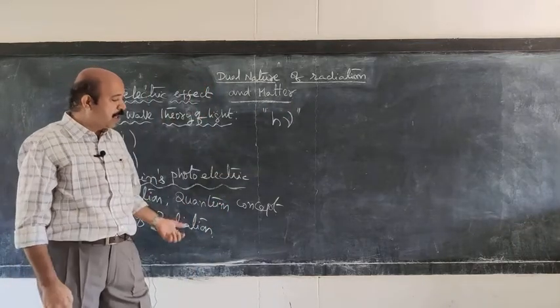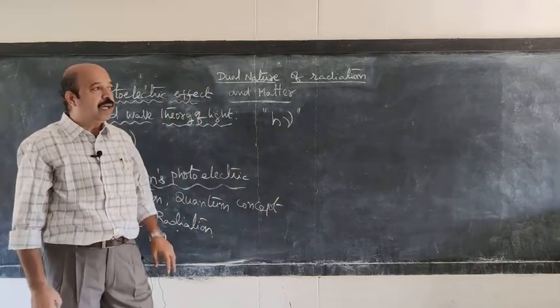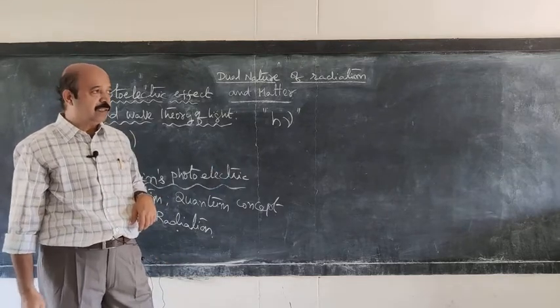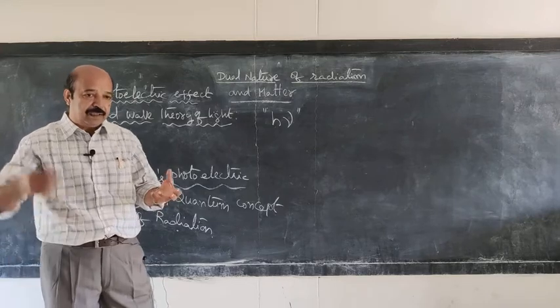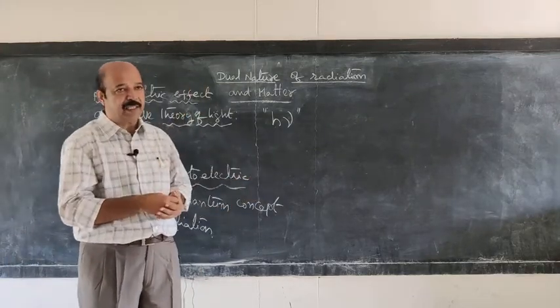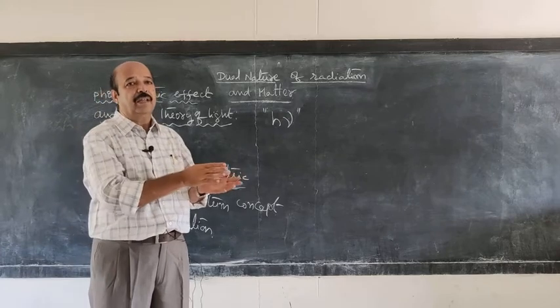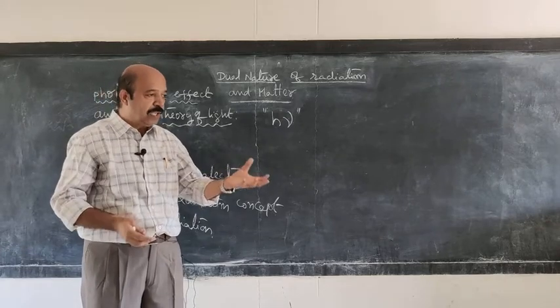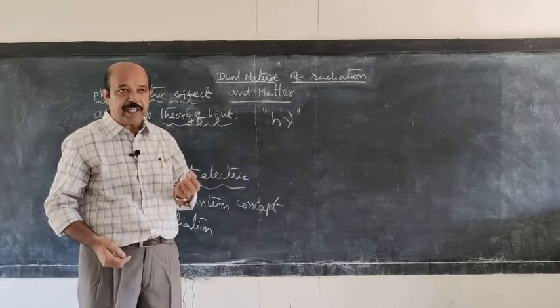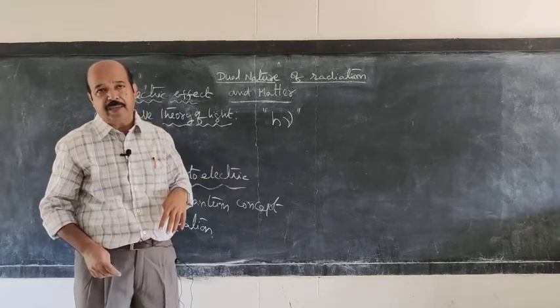So he made use of that concept and explained the process of the photoelectric effect: the energy quantum of radiation, when incident on a metal surface, transfers the energy and momentum to the electrons, and the electrons acquiring that energy come out from the metal surface.